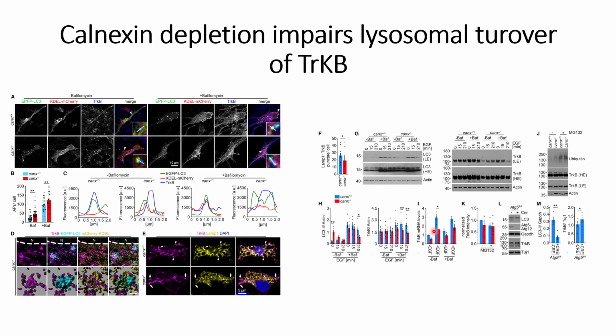So this has been validated: mRNA levels are low, so the lower level of TrKB is due to epigenetic or transcription changes.